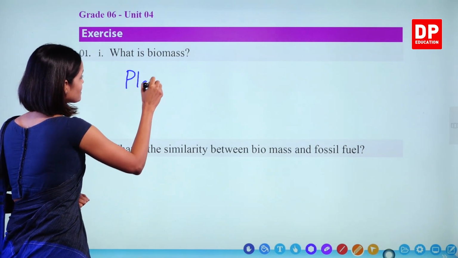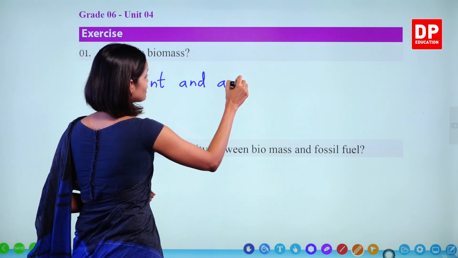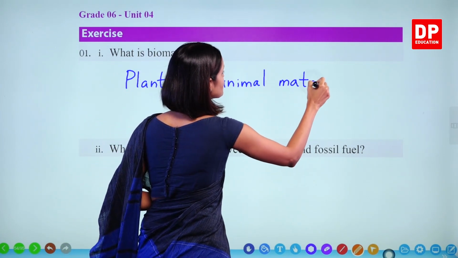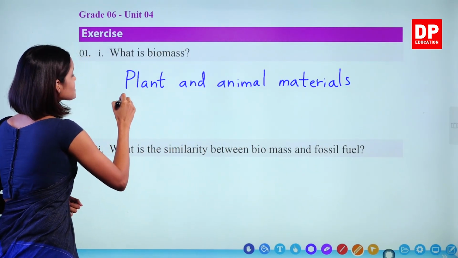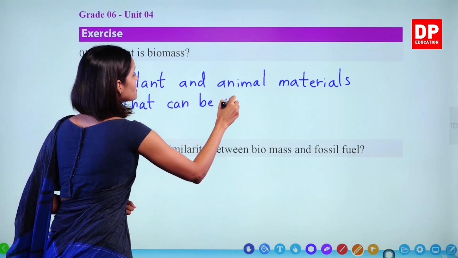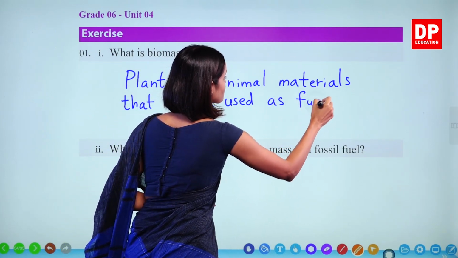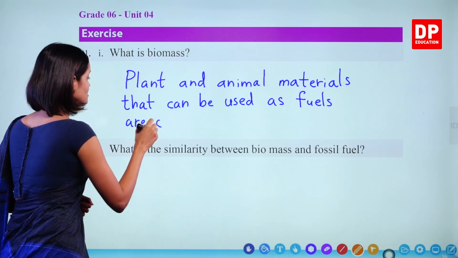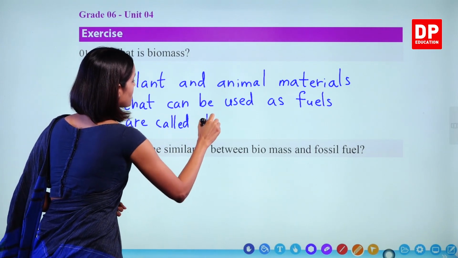Plant and animal materials that can be used as fuels are called biomass.